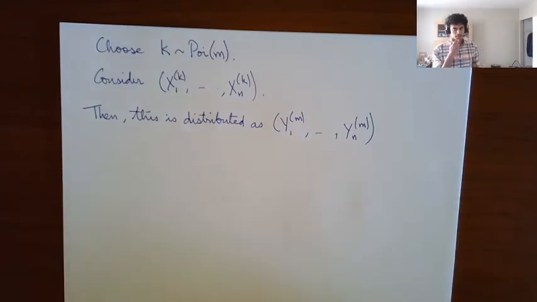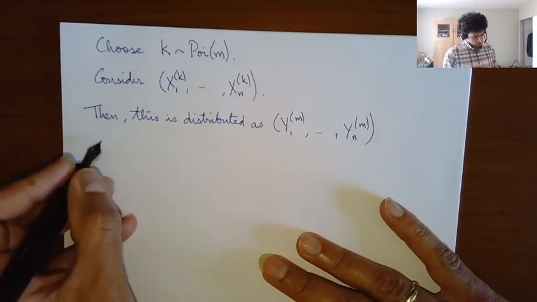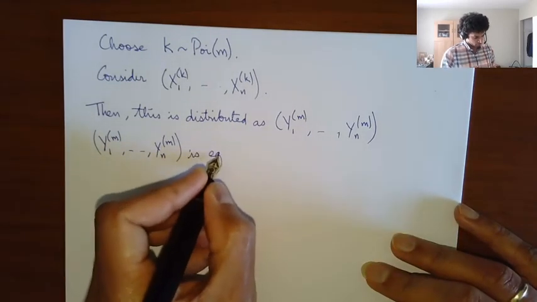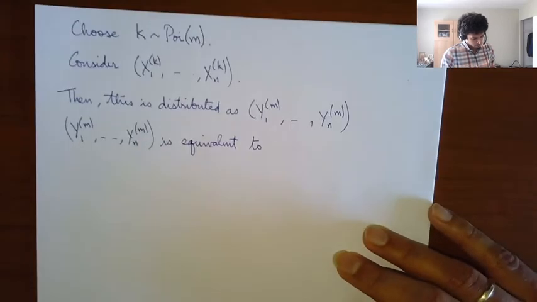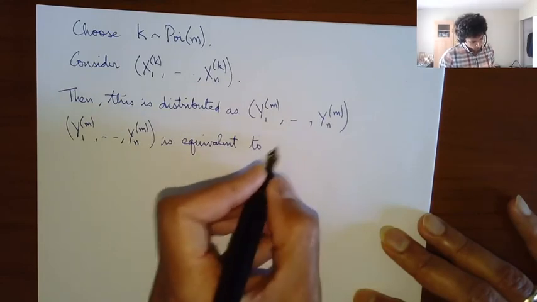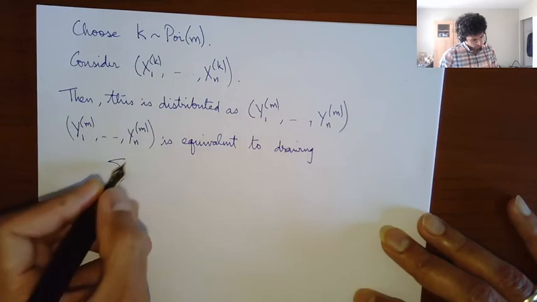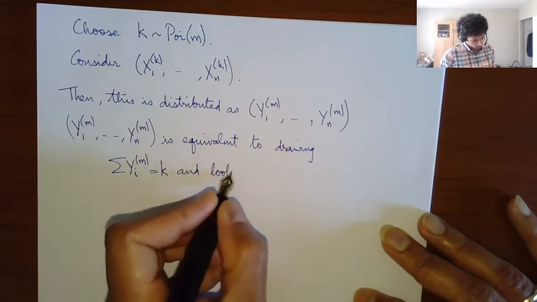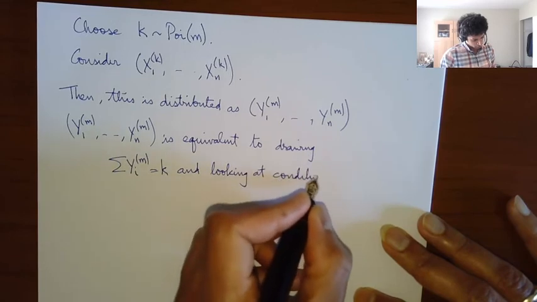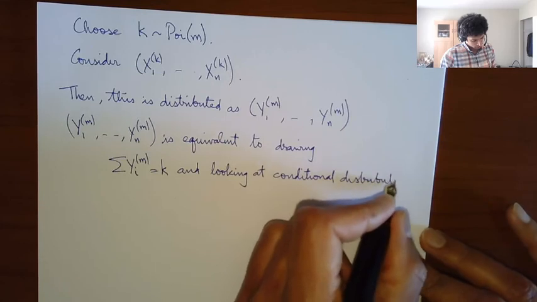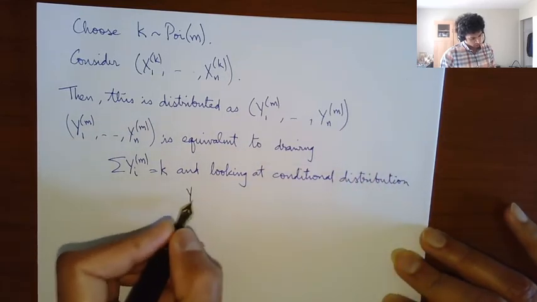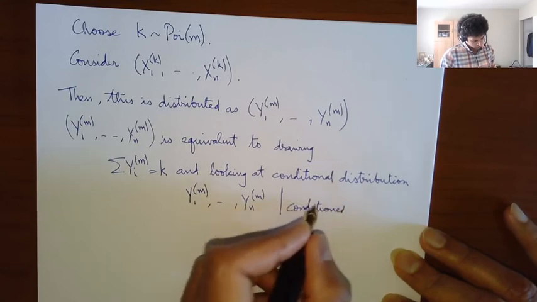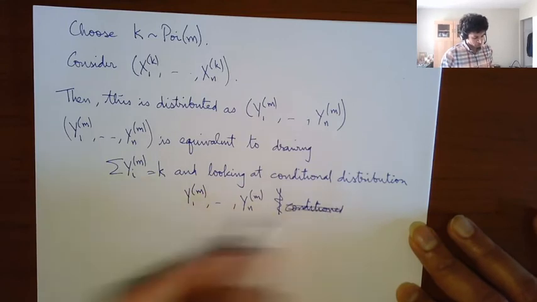And this can be seen using the conditional equivalence, which is simply to say that Y1 of m to Yn of m is equivalent to drawing the summation of Yi of m equal to k, and looking at the conditional distribution of Y1 of m to Yn of m conditioned on this.